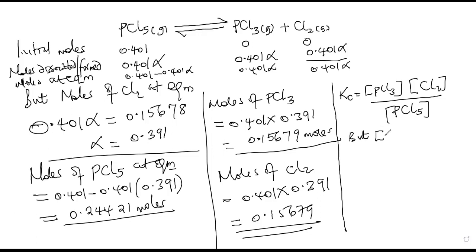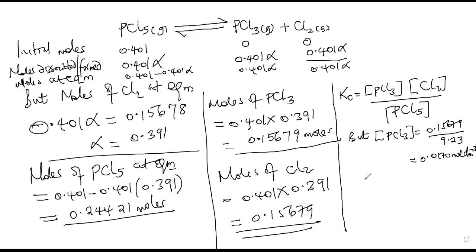So the concentration of PCl3 will be the moles of PCl3, 0.15679, divided by 9.23 decimeters cubed. So this one will give us 0.0170 moles per decimeter cubed.